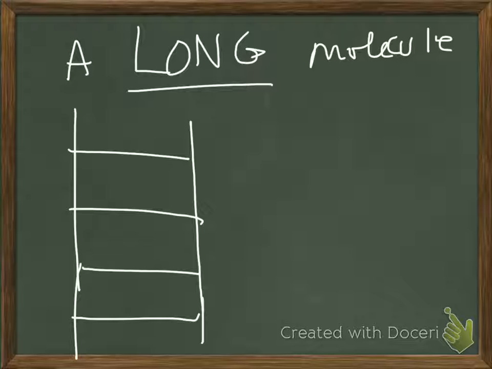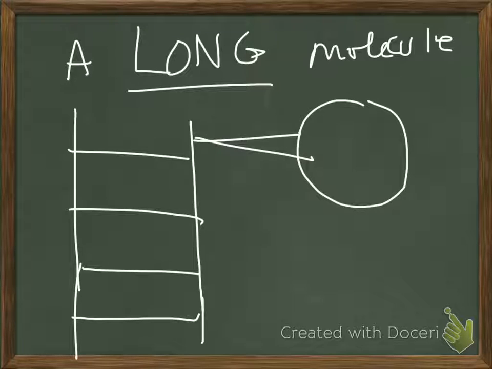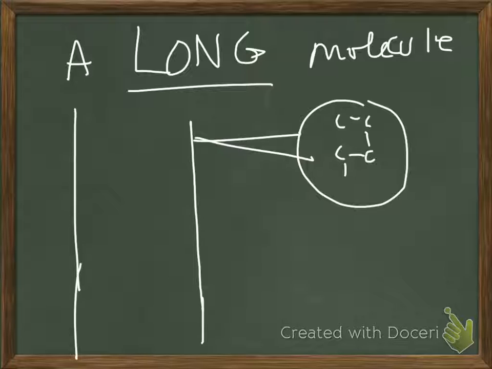But those sides, if we look at those sides, they're made up of little tiny atoms all joined together. Various things. You've got carbons and you've got sulfurs and you've got phosphorus. You've got all kinds of atoms in there. It doesn't matter what they are. But these sides are made up of specific chemicals. And the rungs are pretty special because the way the rungs are built is in halves.